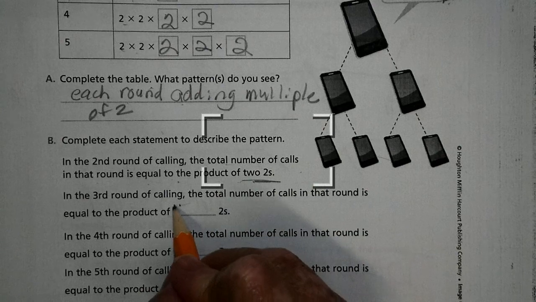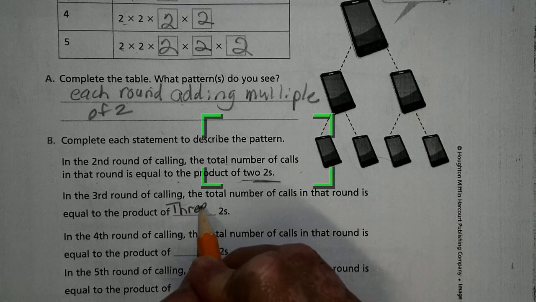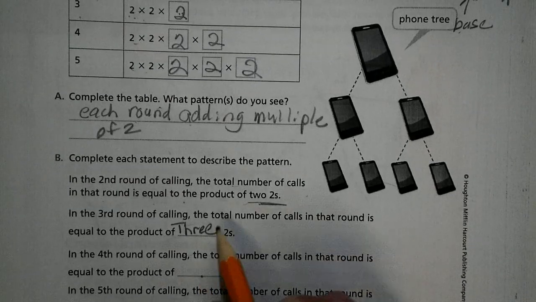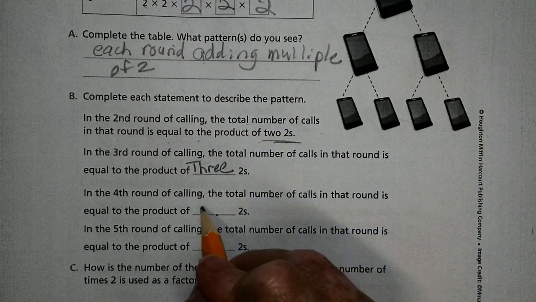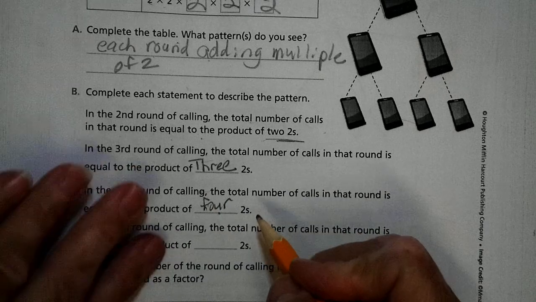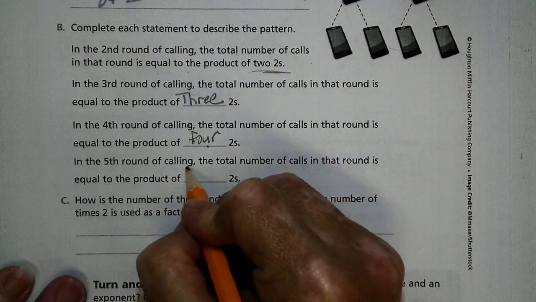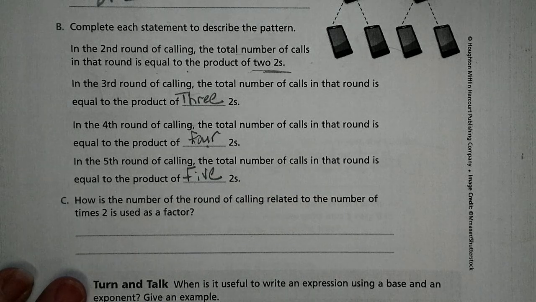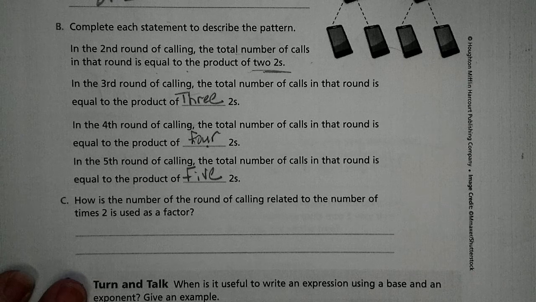Yep. So it is the product of 3. In the fourth round, it's a product of how many? 4. Yep. And in the fifth round, it's a product of? 5. Yep.